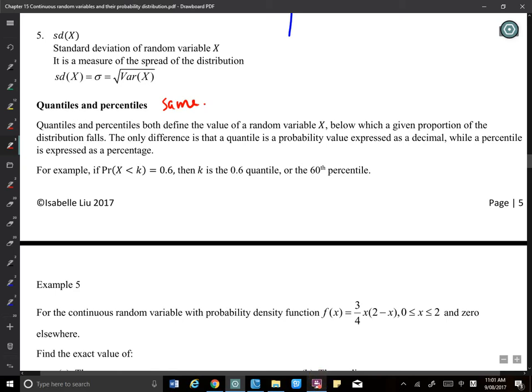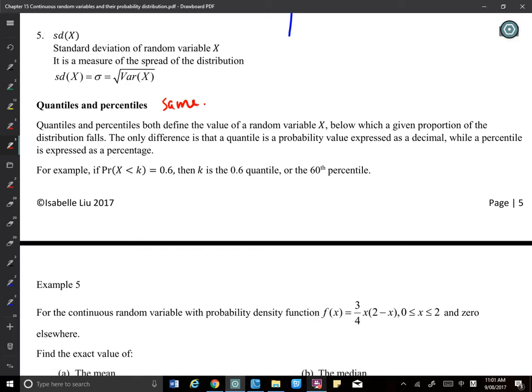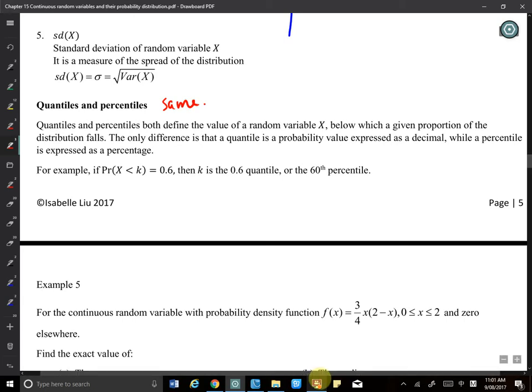I will explain that in normal English. The only difference is that a quartile is a probability value expressed as a decimal, and a percentile is expressed as a percentage.